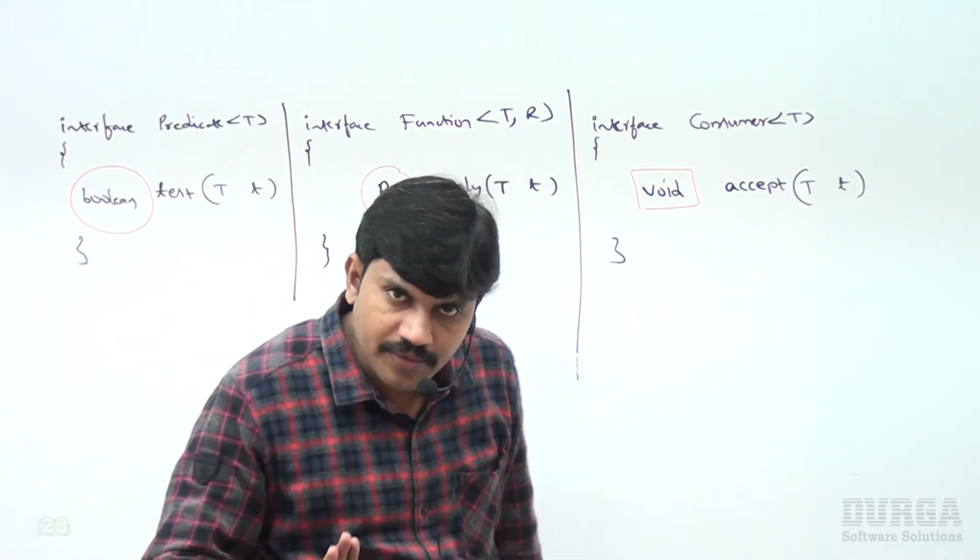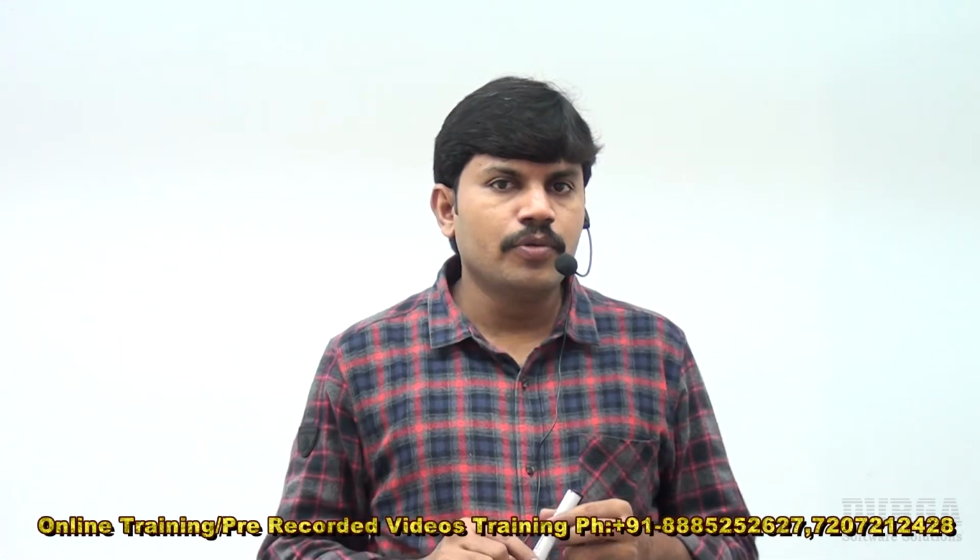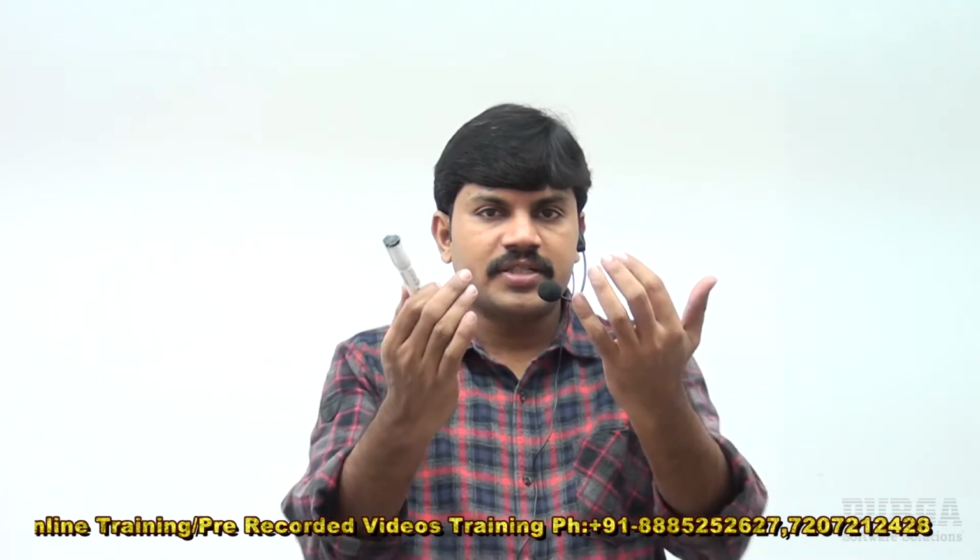Consumer always accepts some value and performs a certain operation, but never returns anything. That's why Consumer contains one method, accept, and its return type is void.